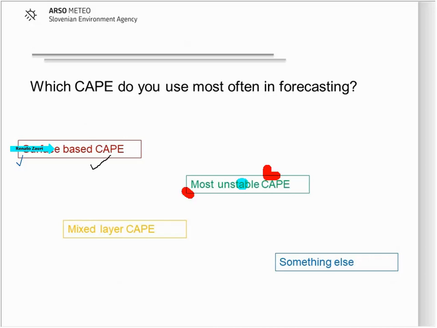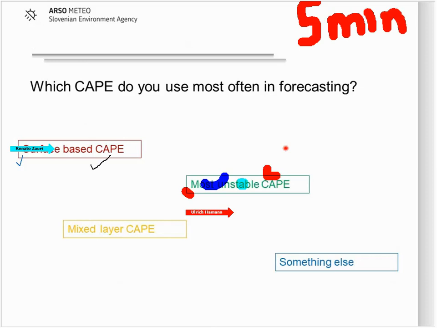Okay, I have to stop. Okay, I'll go on. Okay, so obviously most of you use the most unstable CAPE or the surface-based CAPE.